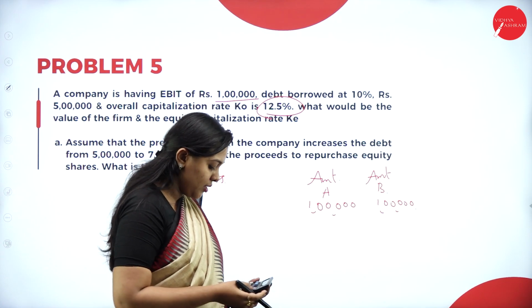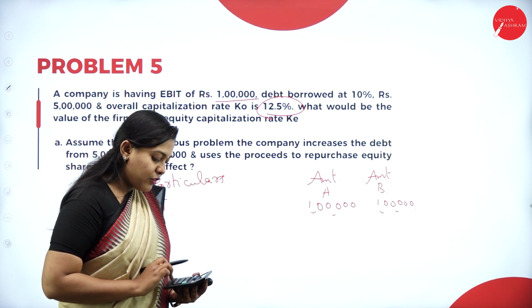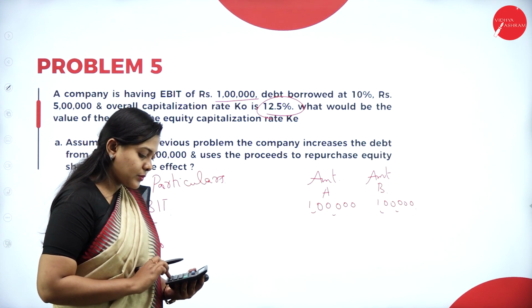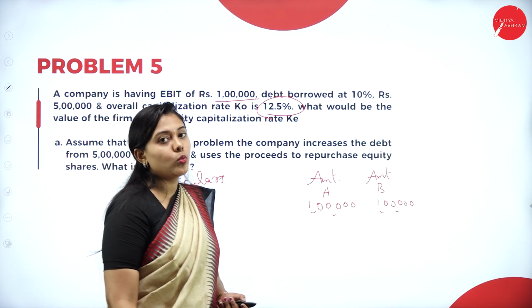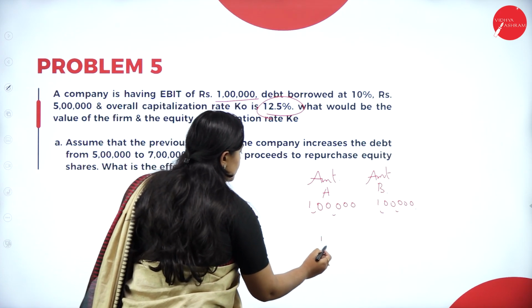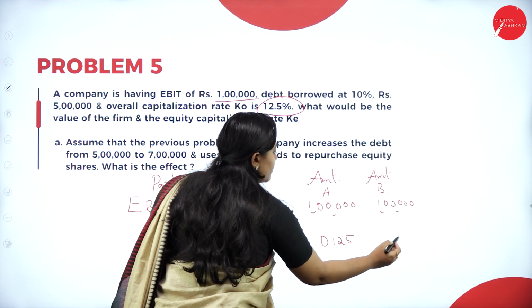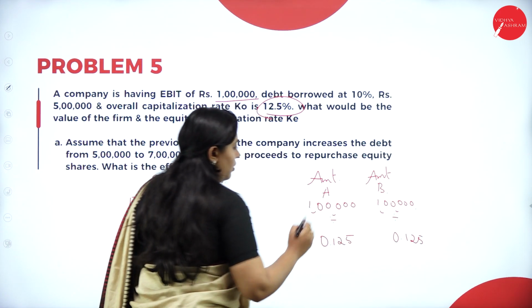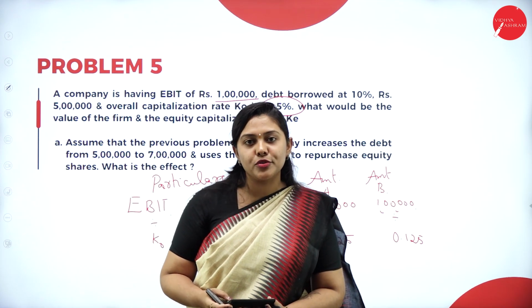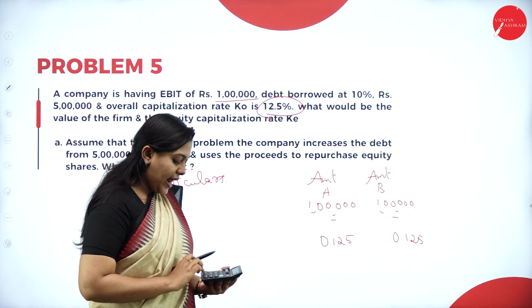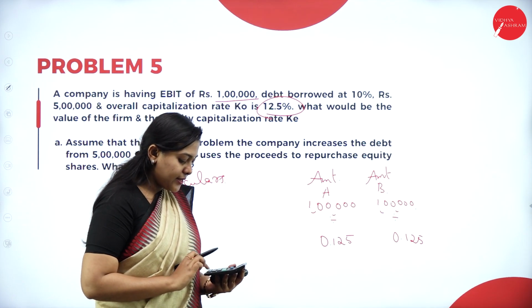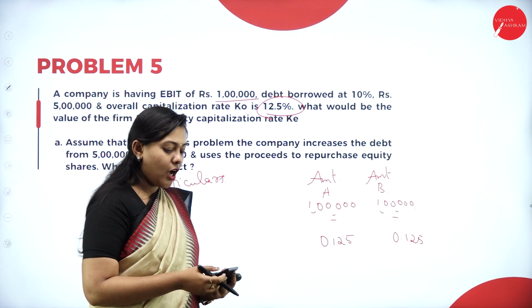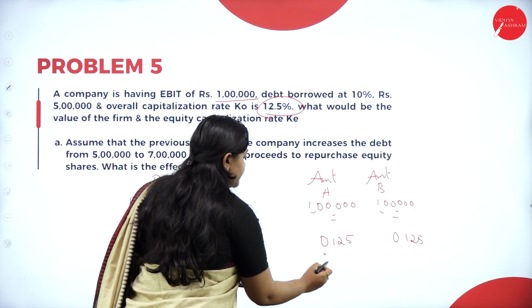So 12.5% you have to convert into decimal. It will be 0.125. So 1 lakh divided by 0.125, it will be how much? 8 lakh.